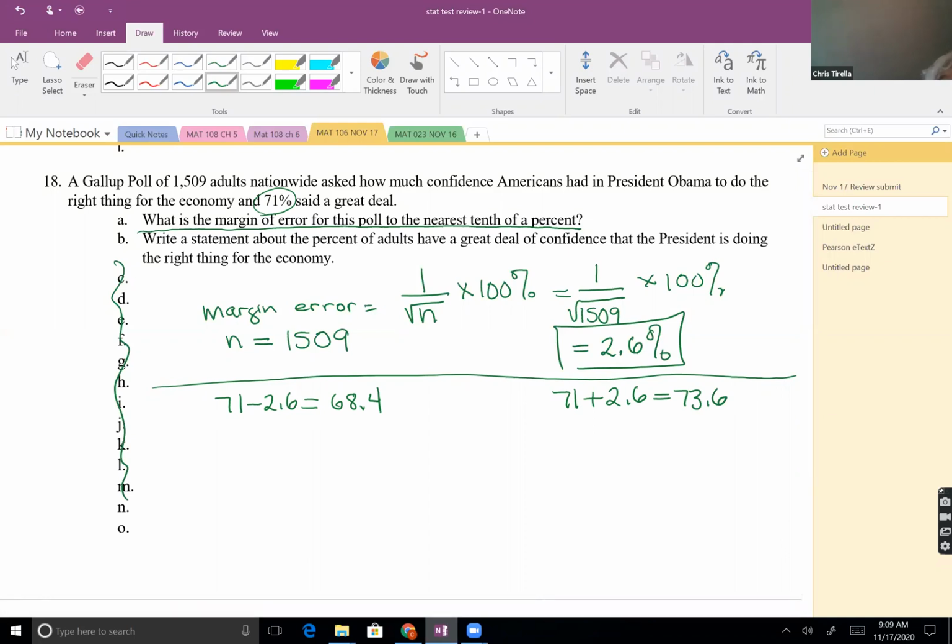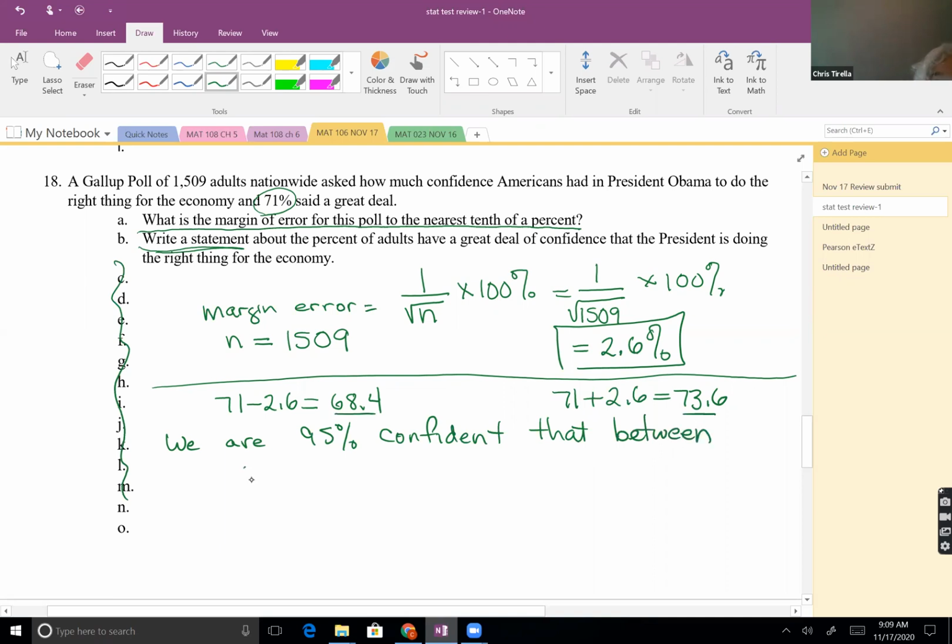And those are the numbers that I use for my statement. Again, because we're using this formula, our statement's going to start that we are 95% confident that between, and that's where we're using these numbers, 68.4% and 73.6% of, then we're going to finish it with the situation.